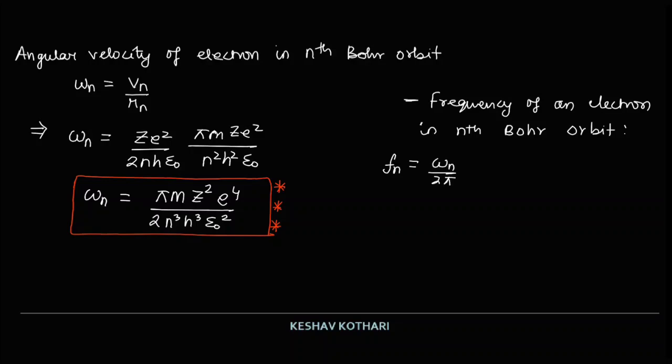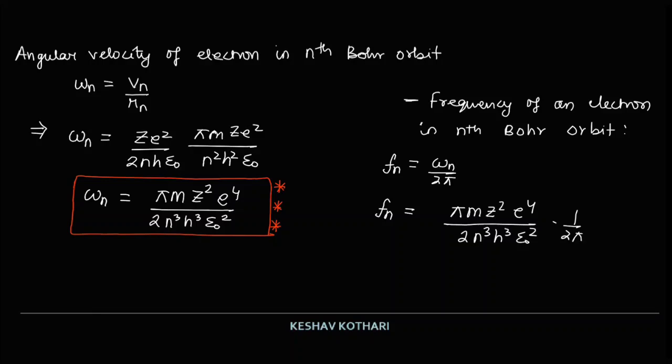If I just divide this value by 2 pi, the frequency for the nth Bohr orbit turns out to be pi m z square e to the power 4 upon twice of n cube h cube epsilon naught square times 1 by 2 pi.